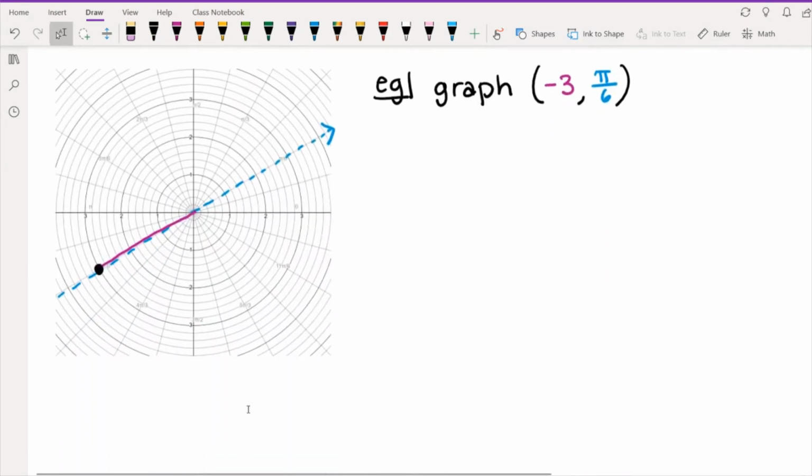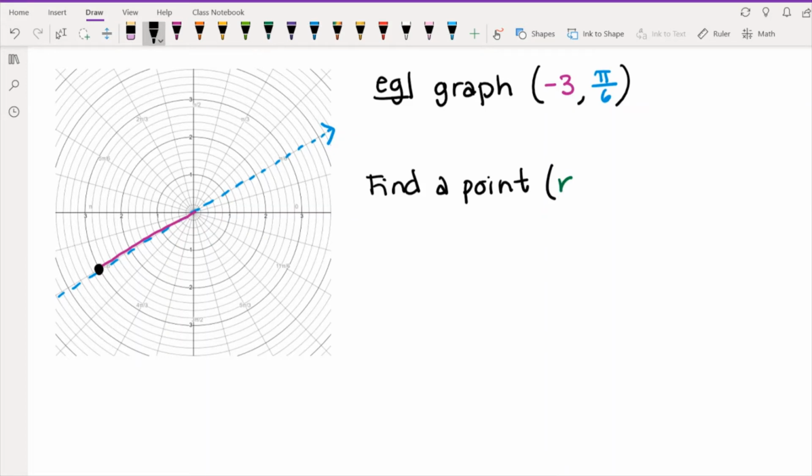Let's do something similar here, but let's actually try to come up with a point that has a positive R value. So find a point, again, r, theta, with, let's now try to do it with a positive R value because this one has a negative R value. And we want to give the same point when graphed.